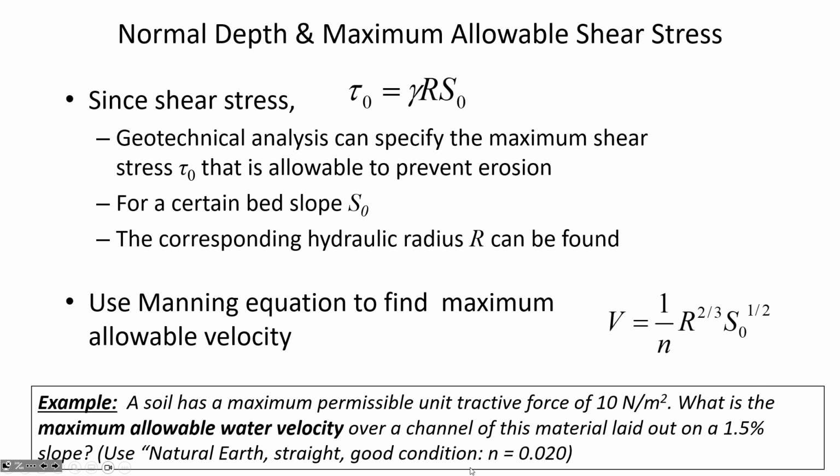So we could start by rearranging the shear stress equation for hydraulic radius. And so it's the shear stress divided by the unit weight times the slope of the channel. So for 10 newtons per meter squared and a unit weight of 9810 newtons per meter cubed, and then the slope of 0.015, because remember we have to express percentages as a decimal when we're putting it into Manning's equation or into the shear stress equation.